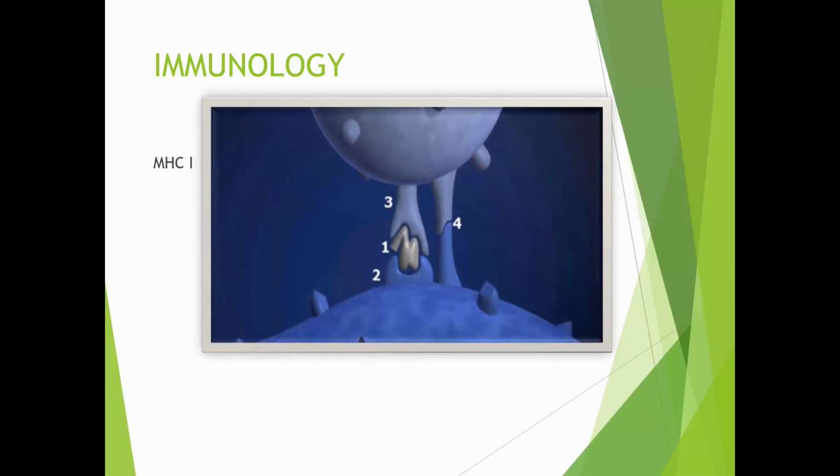So this is what it looks like. This is the antigen-presenting cell, and it is roaming around and connects up with some tissue to see if it can recognize it. It determines: yep, you belong here, or nope, you do not.